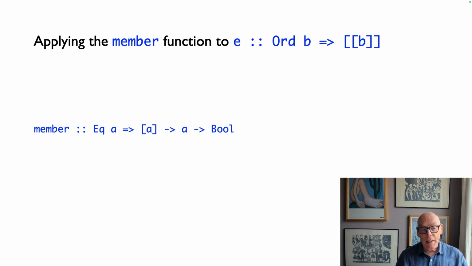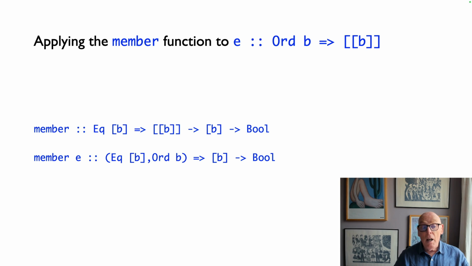We're applying member to E, so we have to unify the input type list of A with the type of E, which is list of B. So that gives us this type for member, where we've replaced A by list of B. And when we make the application, we get a function back of type list of B to bool.